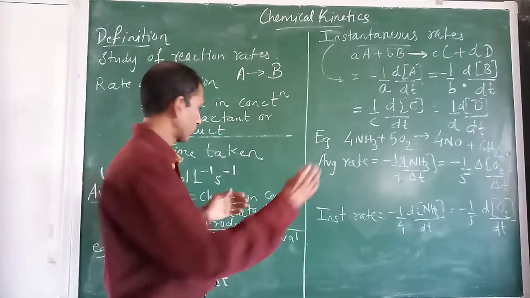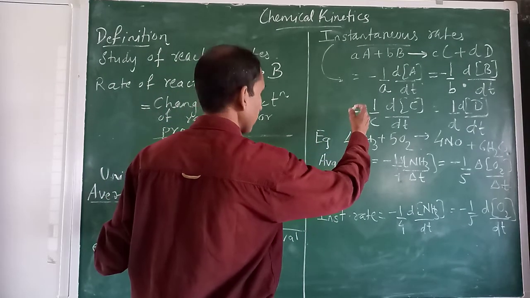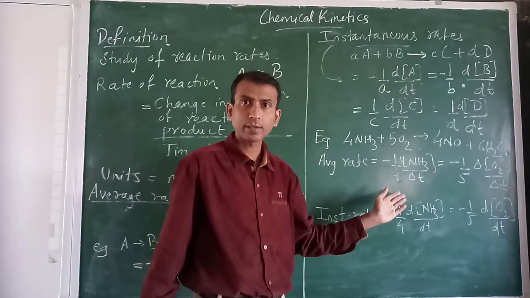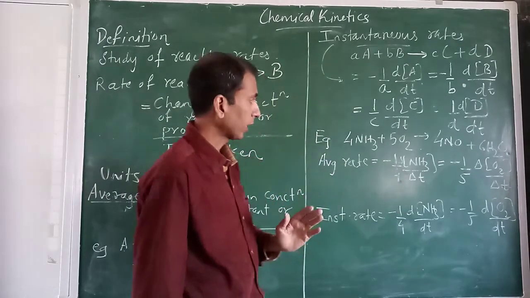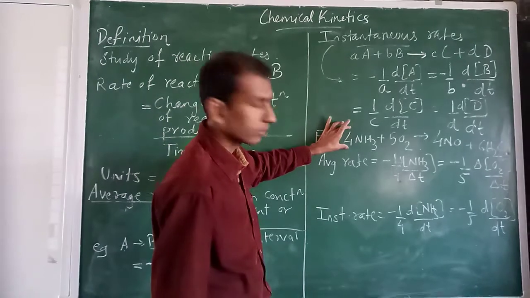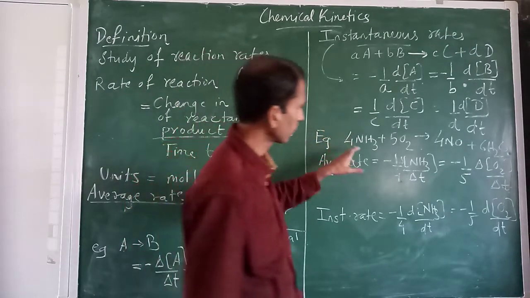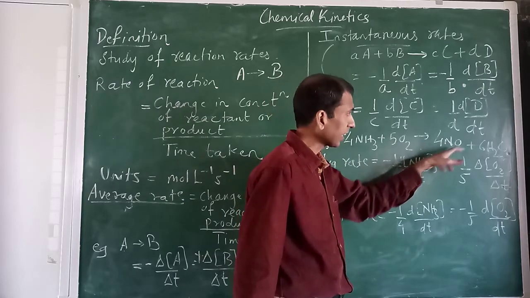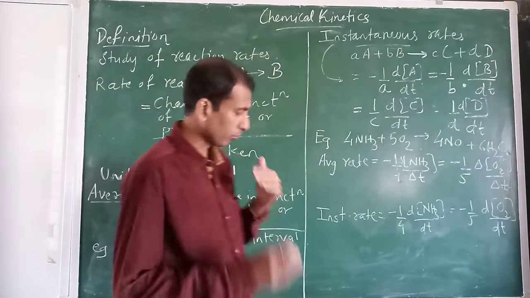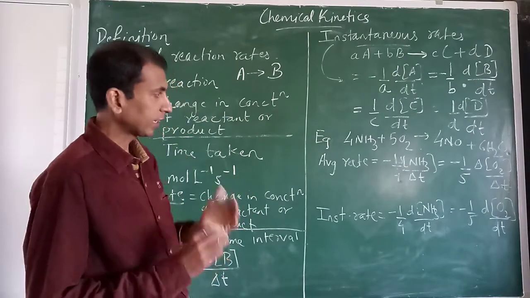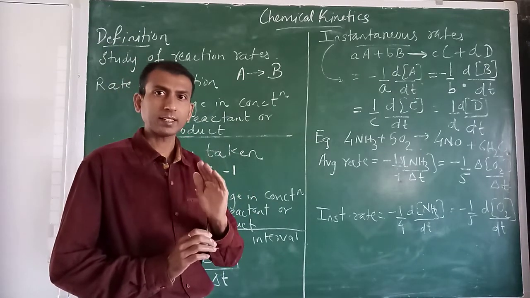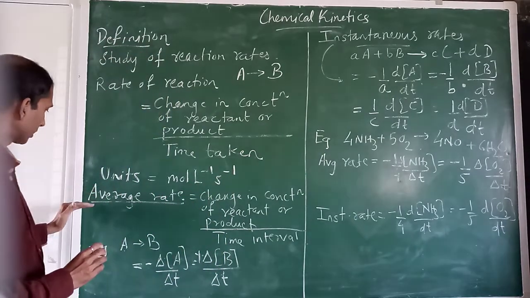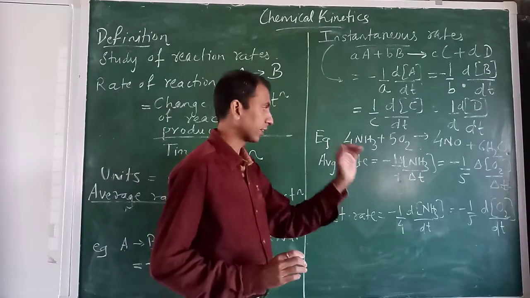To understand these two types of rates, average rate and instantaneous rate, one numerical I have already solved. We have a specific reaction given to us: ammonia reacting with oxygen forming nitric oxide and water. So how can we write down the equation for the average rate and instantaneous rate in terms of reactants?